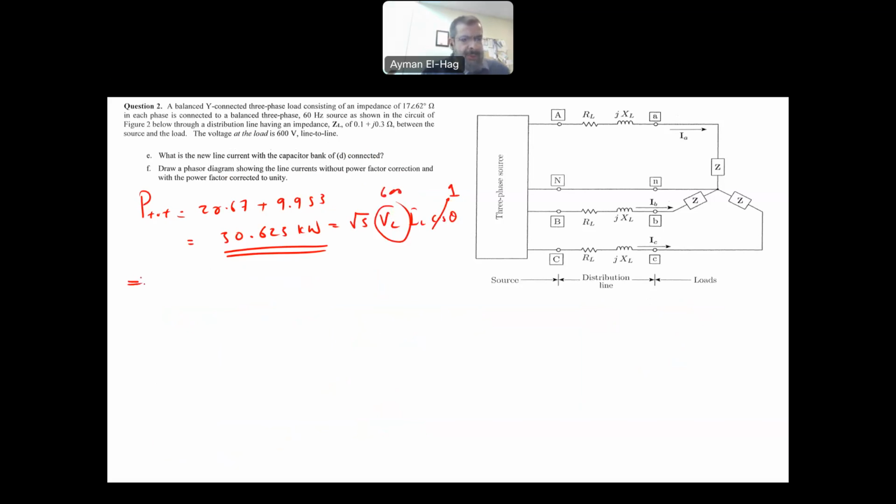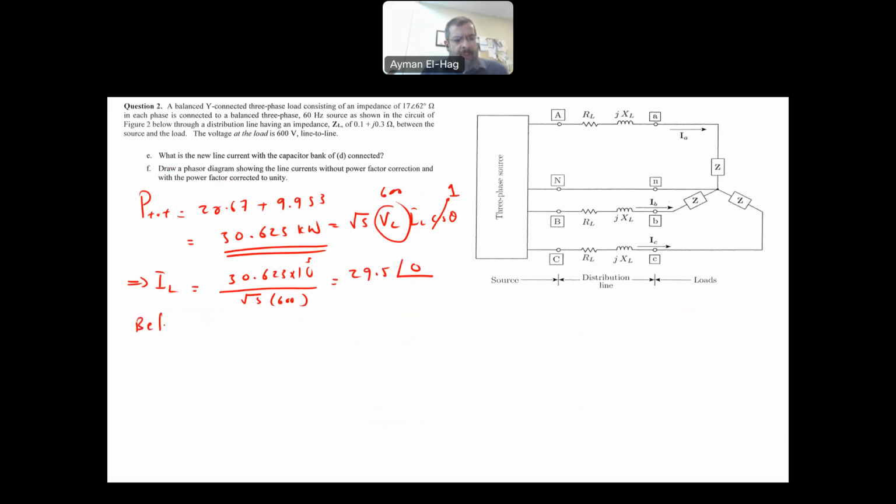So from this, your new I line current is equal to 30.623 times 10 to the power 3 divided by root 3 times 600, and this will give me a total current equal to 29.5 angle of 0. Draw a phasor diagram showing the line currents without the power factor correction and with the power factor correction. Now we have two sets of currents.